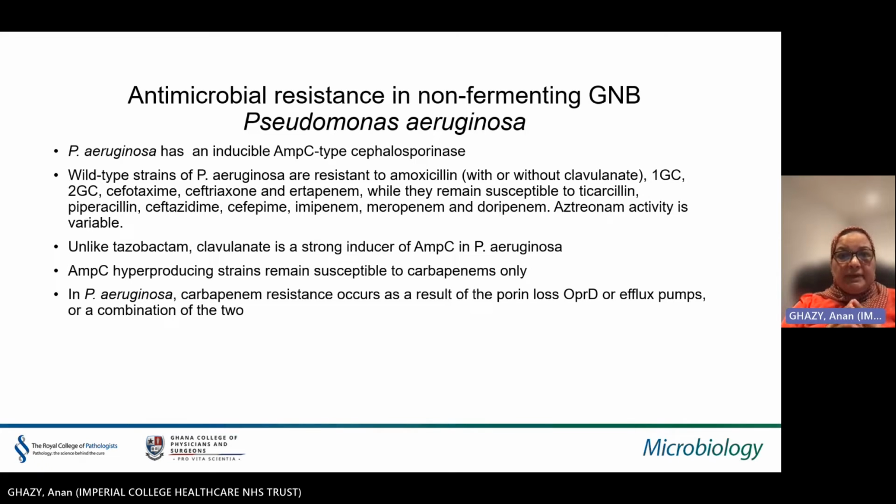AmpC hyperproducing strains remain susceptible to carbapenems only. In Pseudomonas aeruginosa, carbapenem resistance occurs as a result of porin loss or efflux pump or a combination of the two.